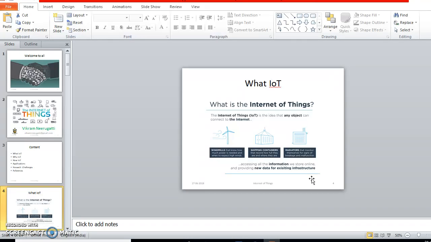That's the beauty of IoT. So just connecting a thing to the internet is not IoT. Once we connect the things to the internet, we need to collect the data from that particular thing day wise, hourly, weekly, yearly, and then we need to analyze all the data. Once we analyze the data, we can take some decisions.